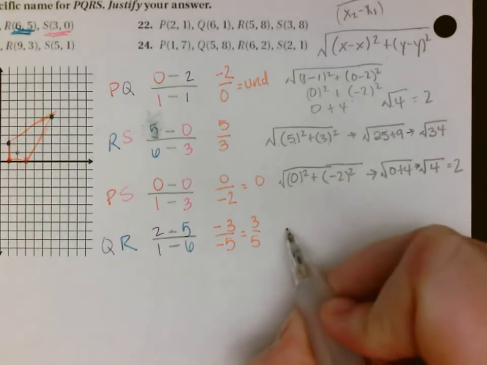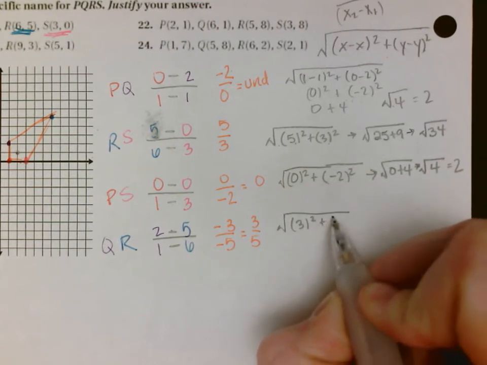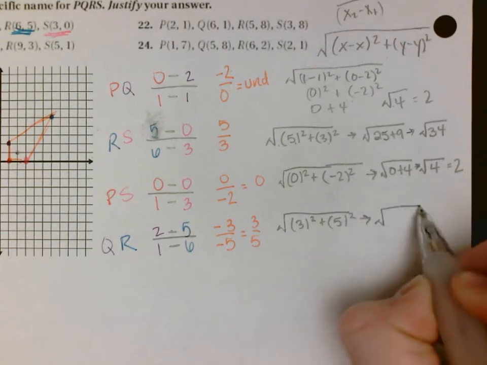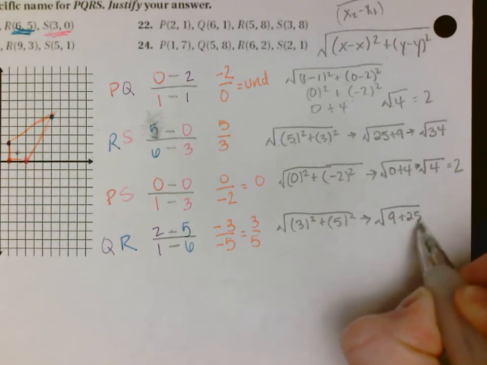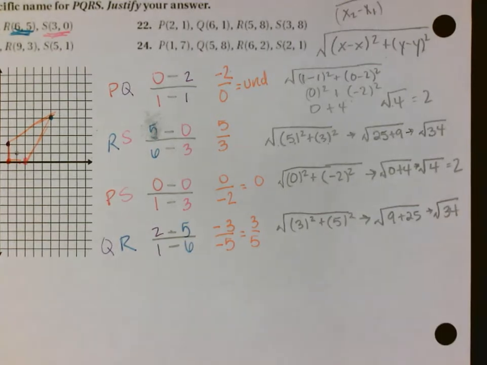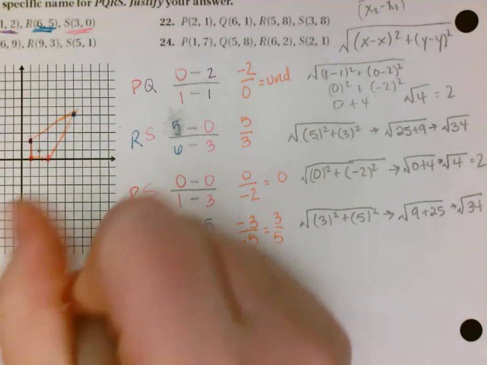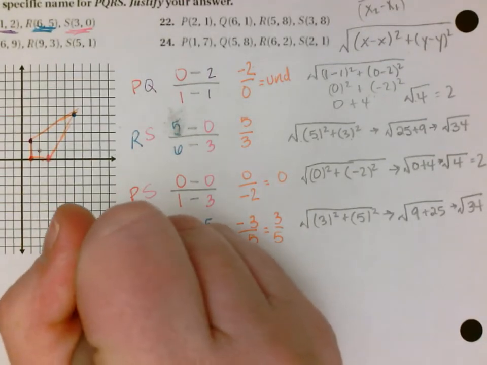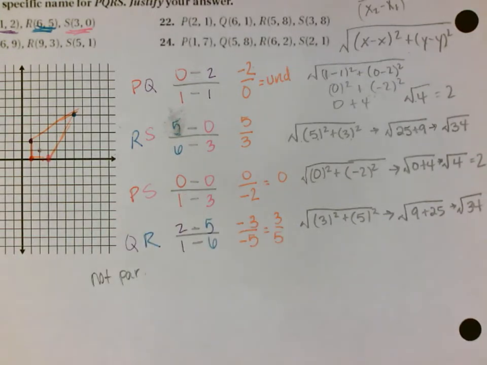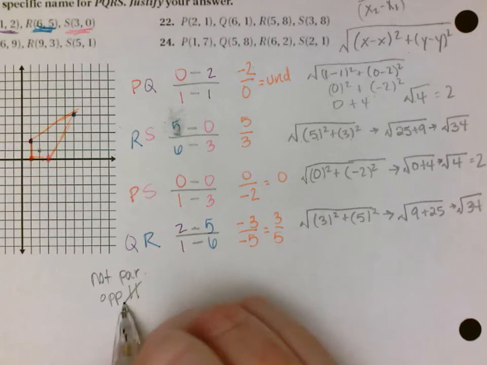Last but not least, I have the square root of 3 squared plus 5 squared, which gives me the square root of 9 plus 25, which gives me the square root of 34. So, not a parallelogram, due to opposite sides not parallel.